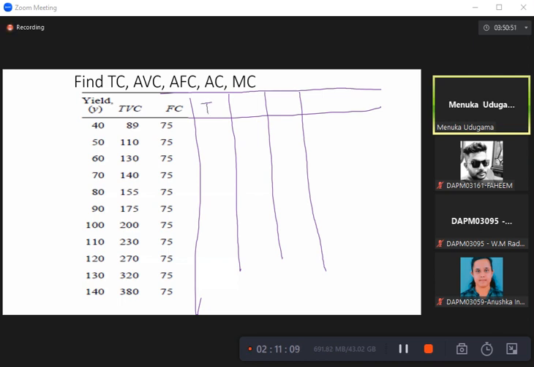And then we are asked to find the total cost of this firm at each level of production, and then average variable cost, average fixed cost, average cost, and the marginal cost.